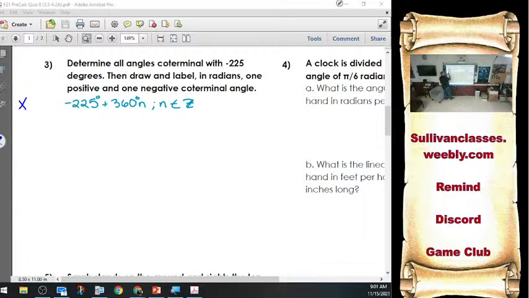If you want to say all x's such that x is this, okay. Otherwise, with the orange part, I will just assume that's understood. But you do have to say n is an integer, because otherwise, if you add part of a revolution, it's not actually coterminal.